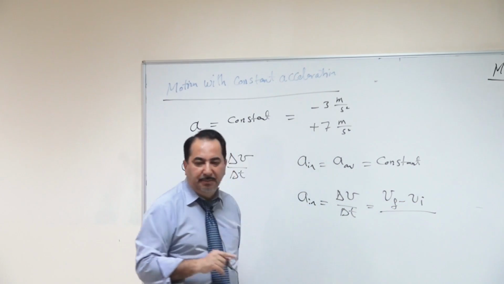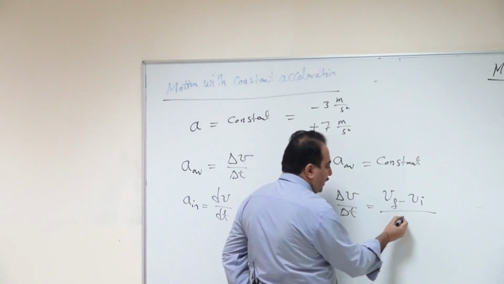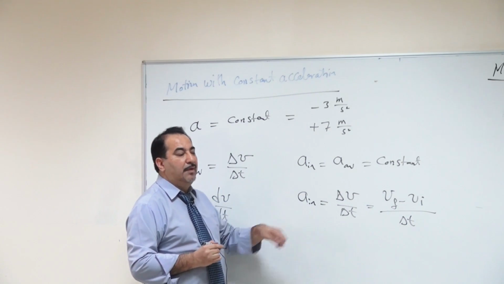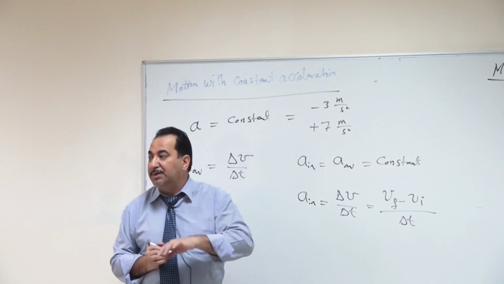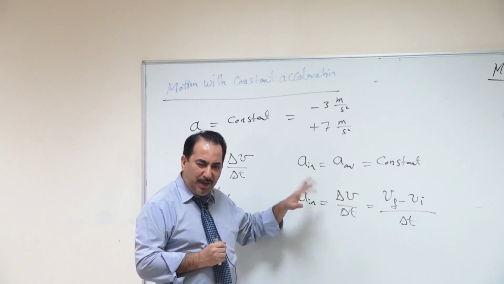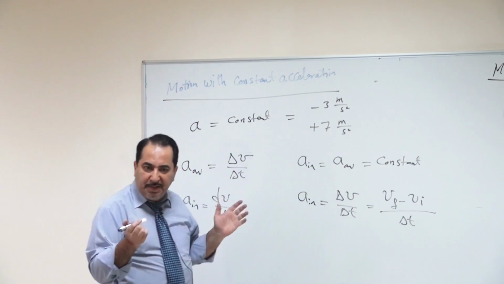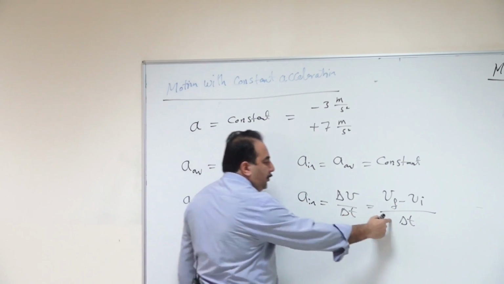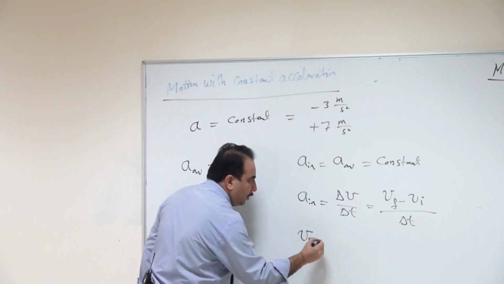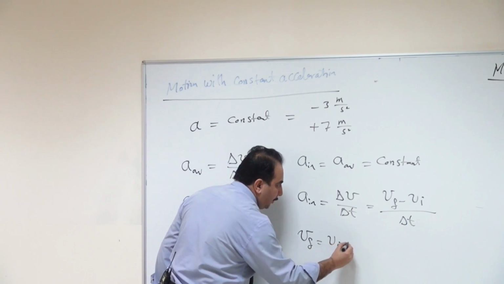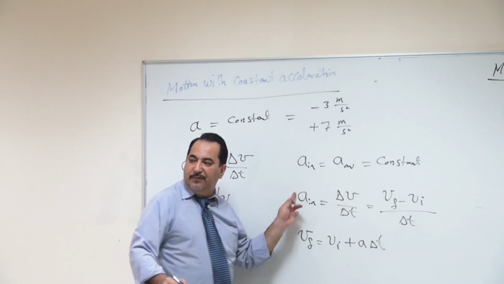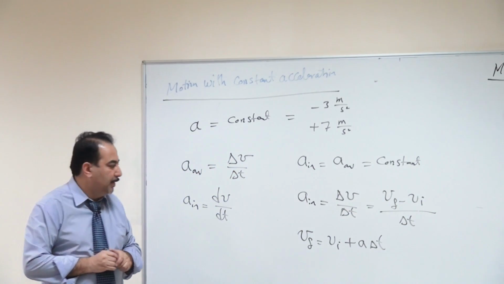I'll keep the delta T. Now we agreed that whenever we want to calculate an instantaneous velocity or acceleration, there is no need to put the "average" notation, so I remove it, but I mean instantaneous. Then multiply by delta T, and what you'll have is V final equals V initial plus A delta T. I just multiplied and moved the initial velocity to the other side.